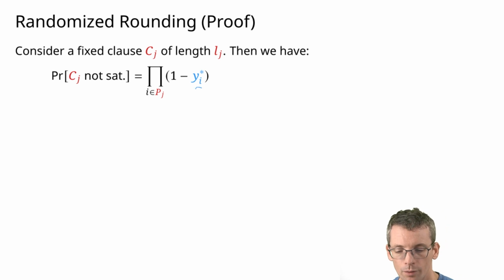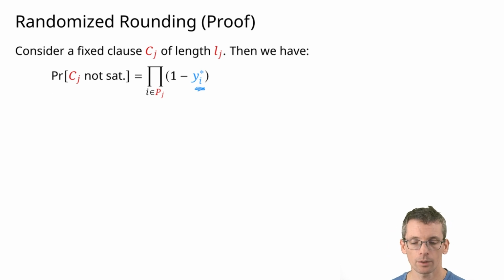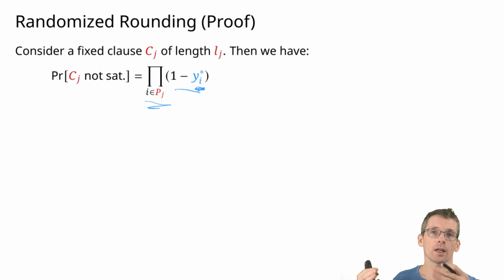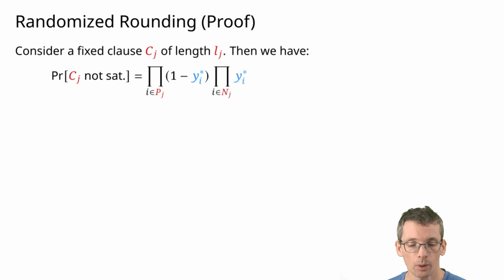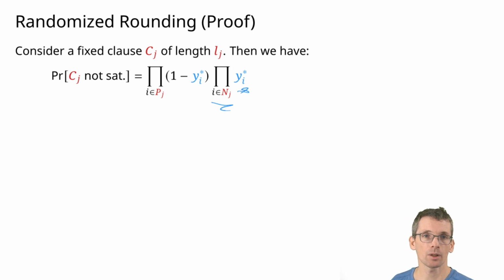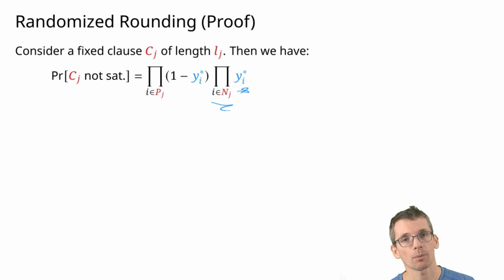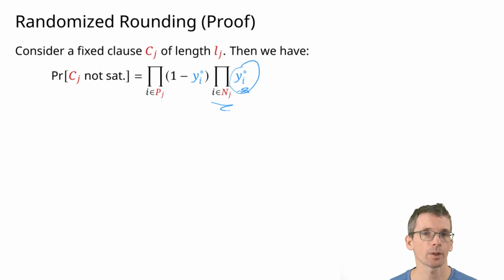For each of the variables, the probability that I set it to 1 is yi star. The probability that I set it to 0 therefore is 1 minus yi star. So for each of the variables that occur positively, I get 1 minus yi star. And because I'm interested in the event that all of this happens at once and they're independent, I get this product, and additionally the product for the variables that occur negatively. There I simply get yi star, not one minus, because here I have a problem if it's set to 1, and setting it to 1 happens with the probability yi star.